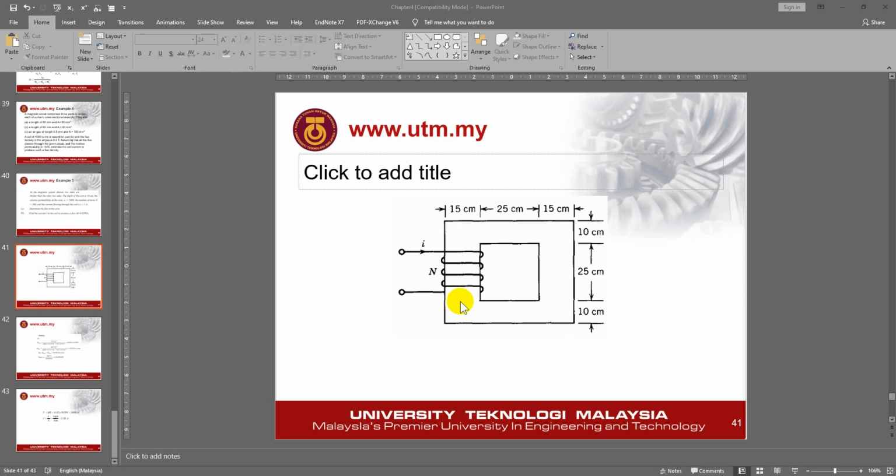And then for the length, for this one it is 25, from here to here. Then you have to take half, because it is the mean length, at the center. So 25, then plus 5, then plus 5, which is 35.